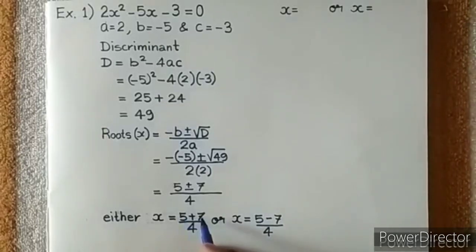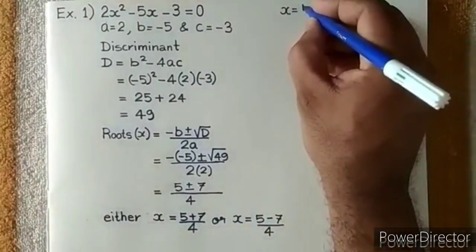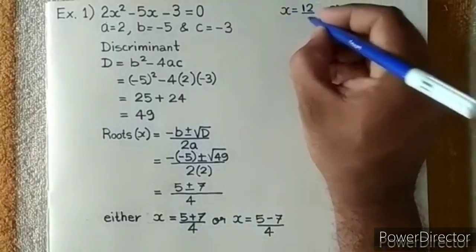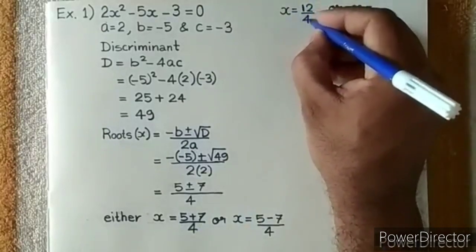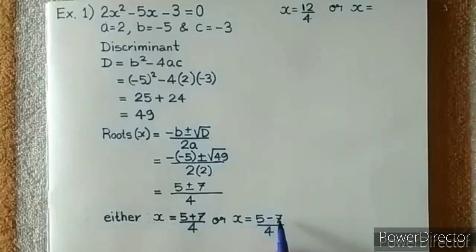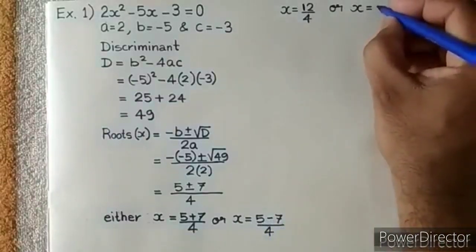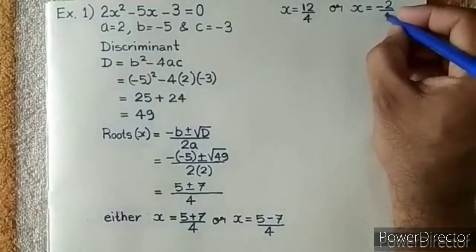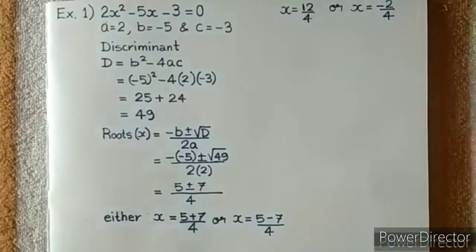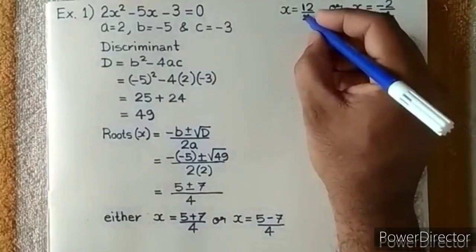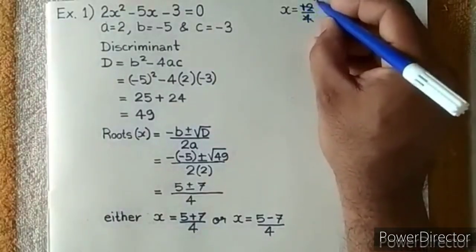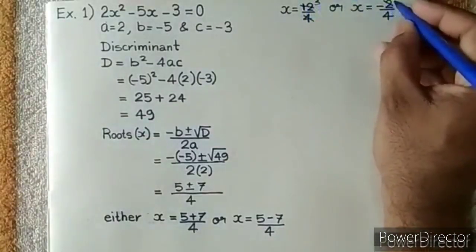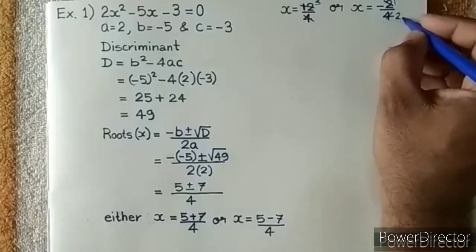So 5 plus 7 will give you 12, so x is equal to 12 upon 4, and 5 minus 7 will give you minus 2 upon 4, which can be cancelled.